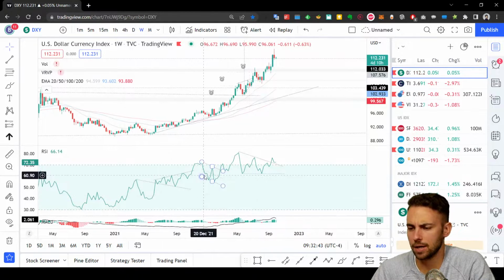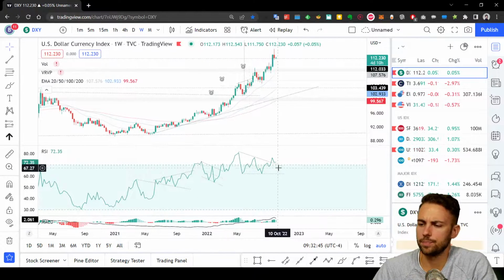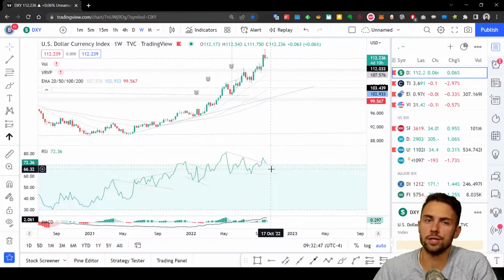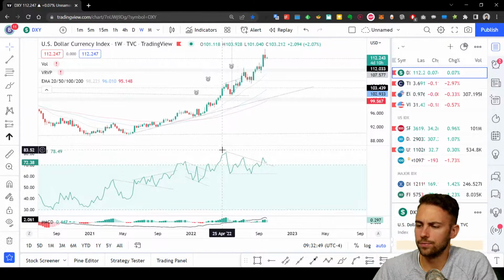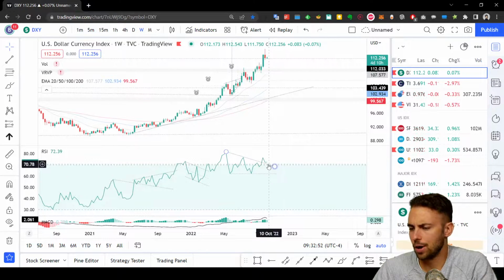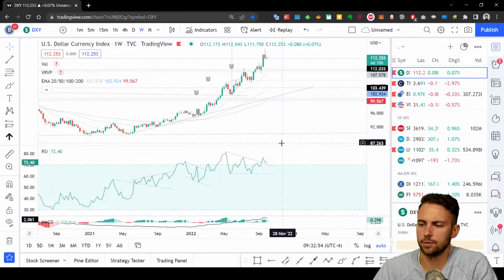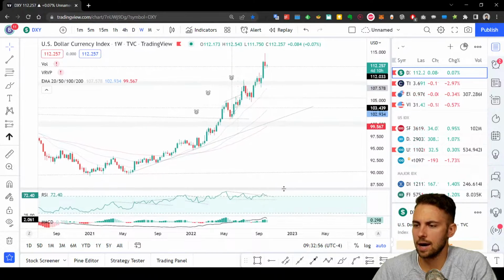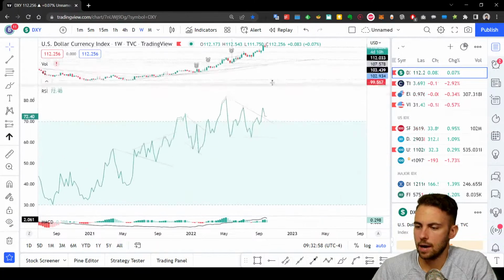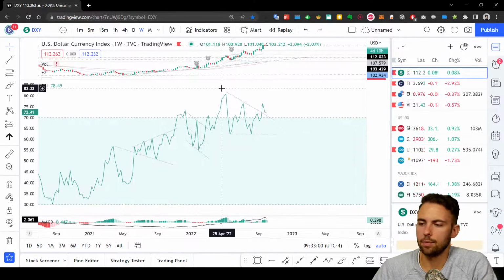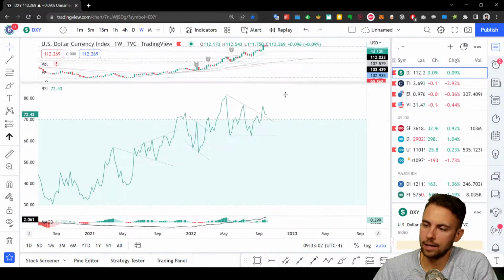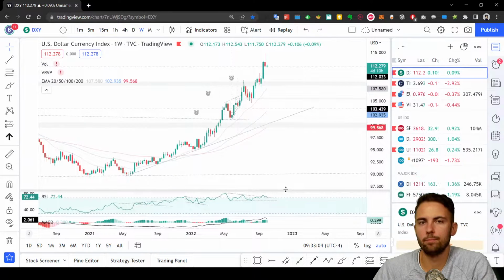Also, that was a pennant, and this is another bullish formation, a triangle. With a break to the upside, usually we expect another move forward. We are right now retesting the upper band of this triangle, which means we are prone to move higher.